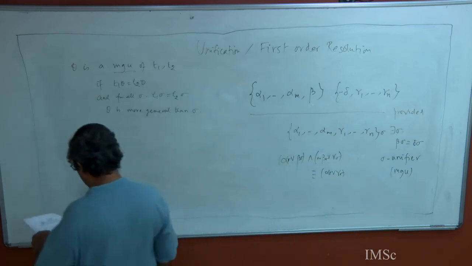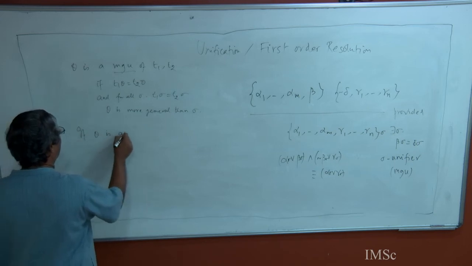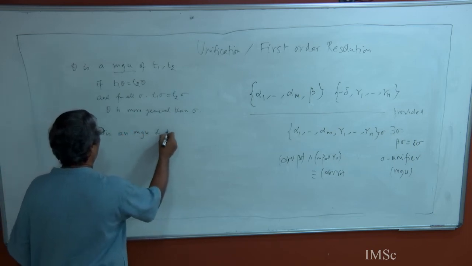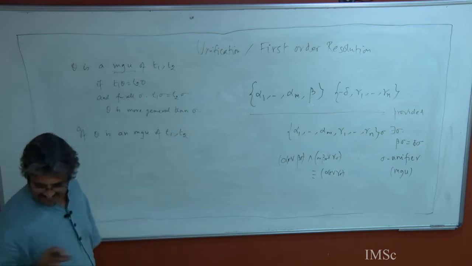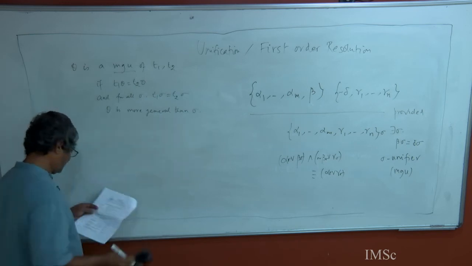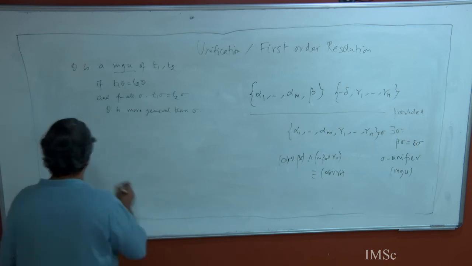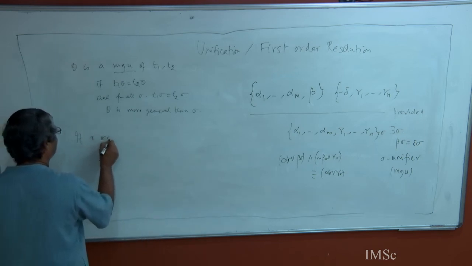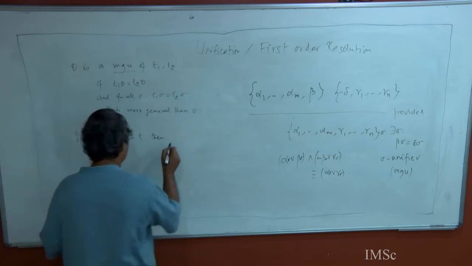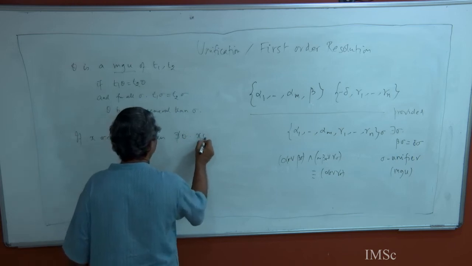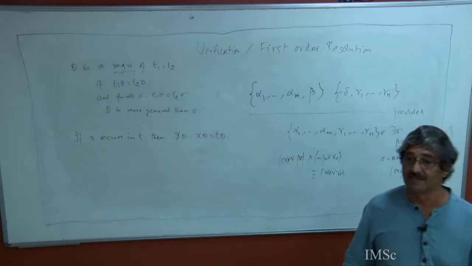And that's what you want to find. Now it should be easy to see that if x occurs in T, then there does not exist any unifier theta.